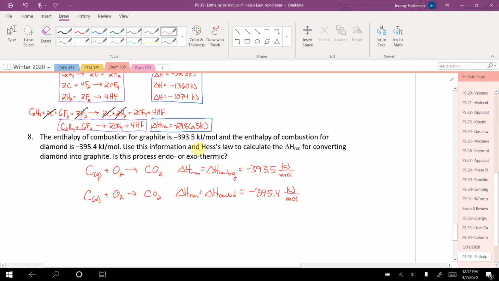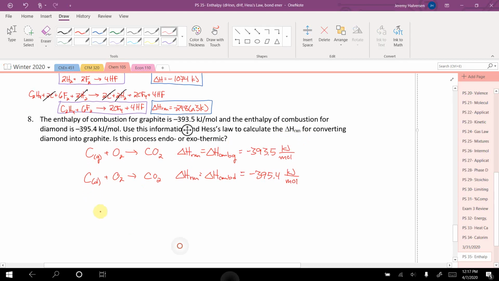Use this information and Hess's law to calculate the delta H of the reaction converting diamond to graphite. I shouldn't put these in parentheses because they're not phases. Here we go. I'm trying to get the delta H of this reaction. And is that endo or exothermic?